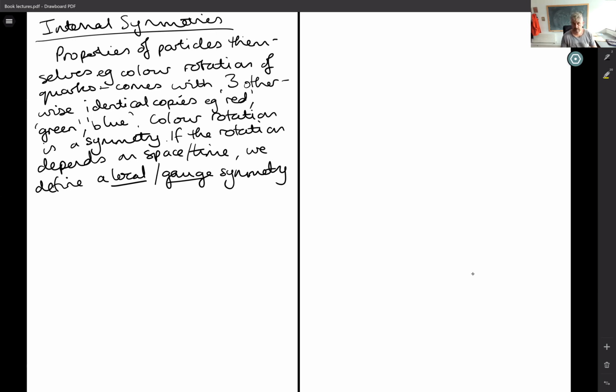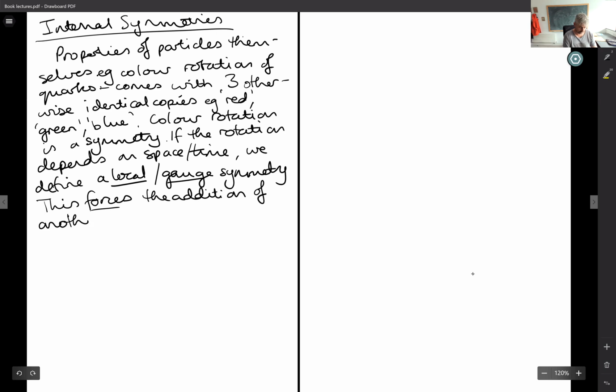So in fact, in nature, this is the case. And it turns out when you try to build a quantum field theory that has this local symmetry property, you find you can't do it unless you add an additional force carrying field. In this case, the gluon. So the gluon carries a color and an anticolor.